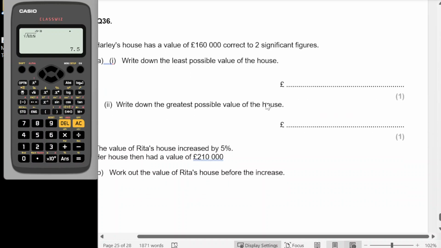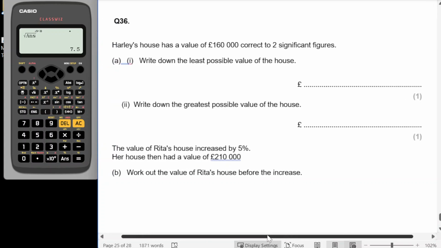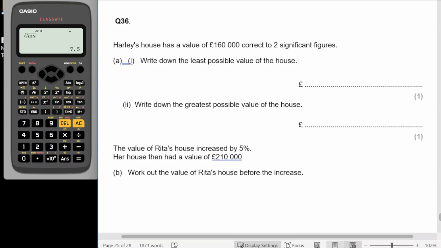And question 36, Harley's house has a value of 160,000 correct to 2 significant figures. Write down the least possible value of the house. So I'm going to do this because I know the second part is the greatest.